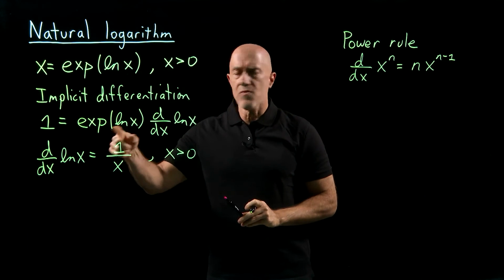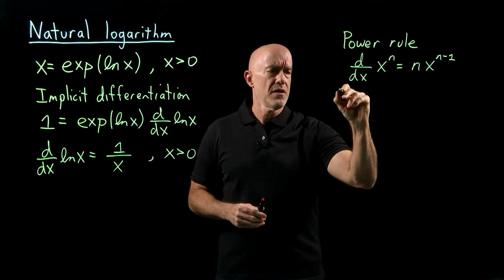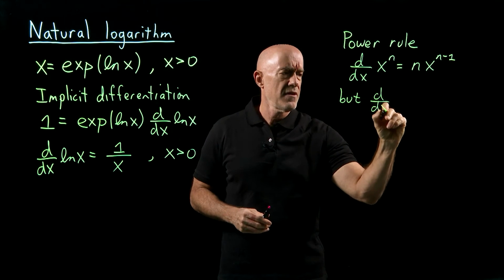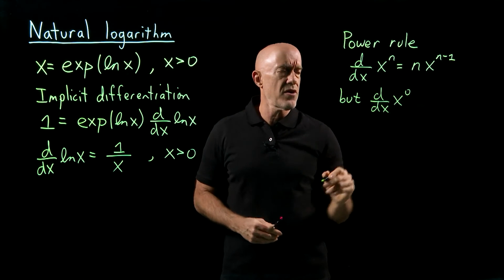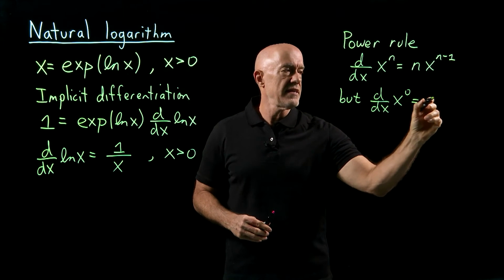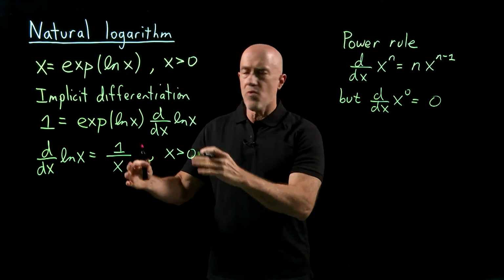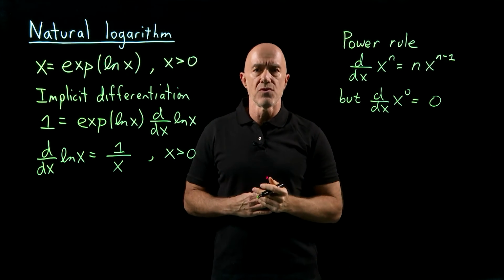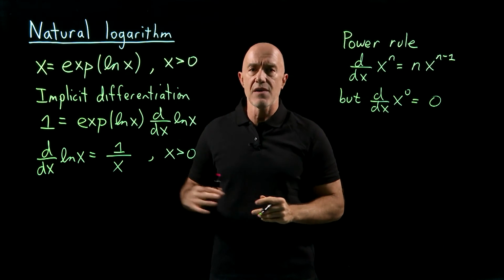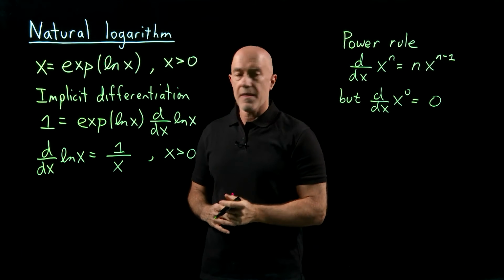If we wanted to get 1 over x here, then n would have to be 0. But it doesn't work for 0 because the derivative of x to the 0, which is just 1, a constant, is equal to 0. So you cannot get 1 over x from the power rule. So it's very nice that we discovered that we now get 1 over x from the logarithm.